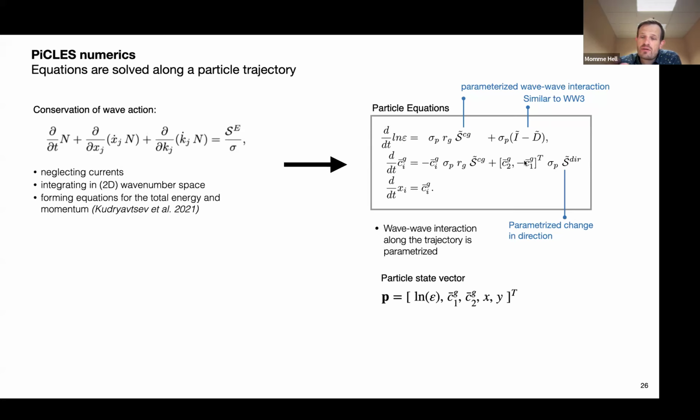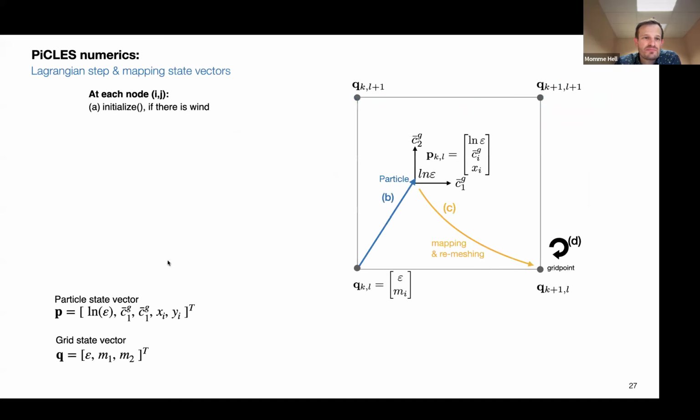These parametrizations are, in the end, similar in style to the ones in WaveWatch. So these are fully parameterized functions that people can work on and improve, but the basic model construction is this. That means my wave is now described by these 5 variables: position, the group velocity vector, and the energy. That's it, and that's my small, low-effort system.